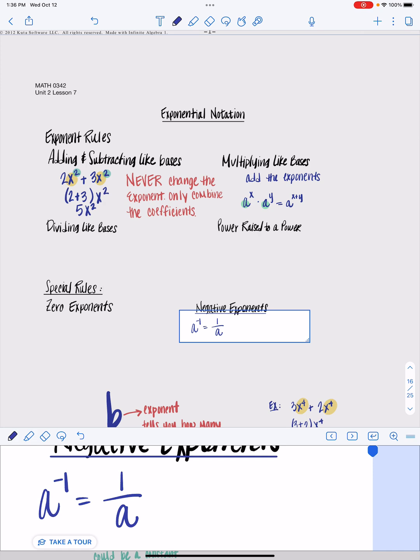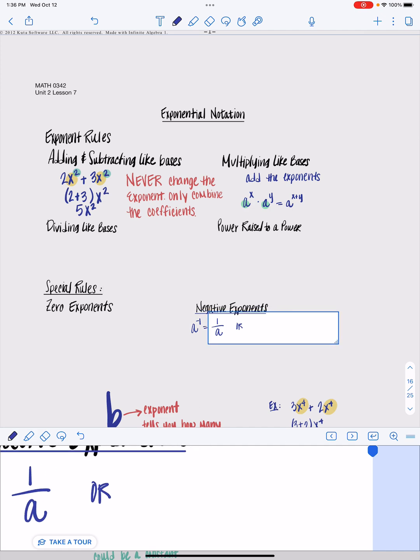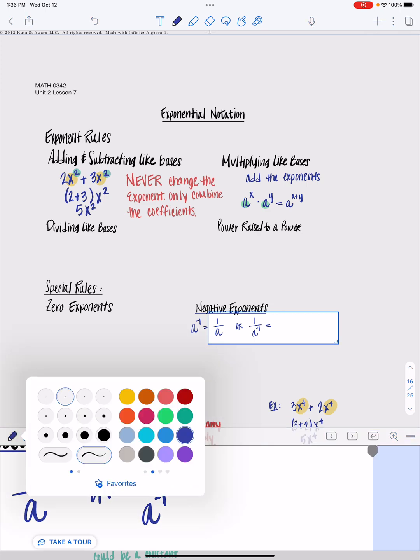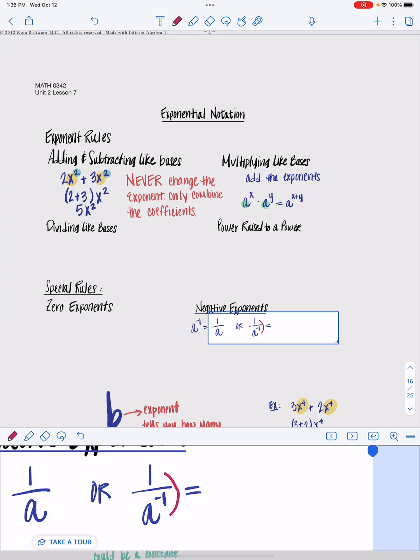So, if I happen to have 1 over a to the negative 1, that means the a, or, hold on, this part would go to the top, the exponent would become positive, and we'd be left with a 1 in the denominator.